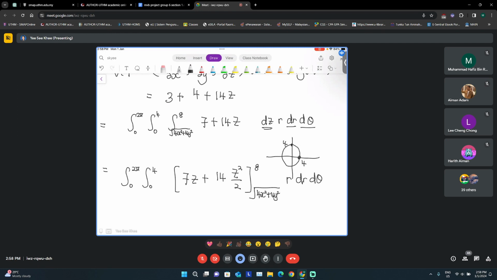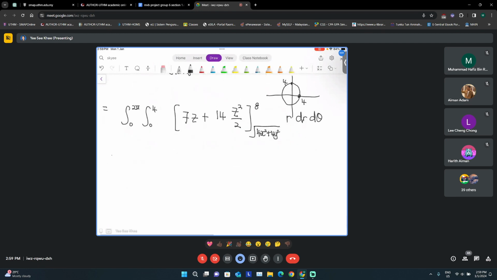All the z you replace with 8 and also the square root of 4x squared plus 4y squared. This one you can press on the calculator.